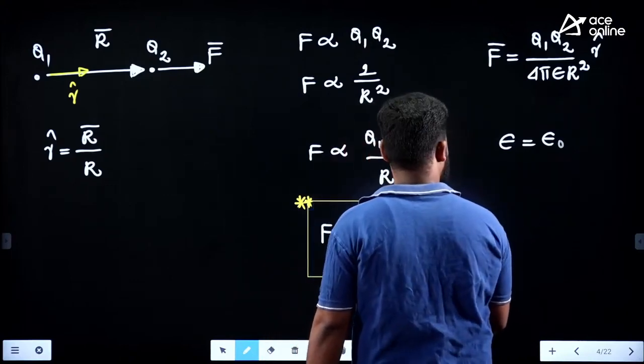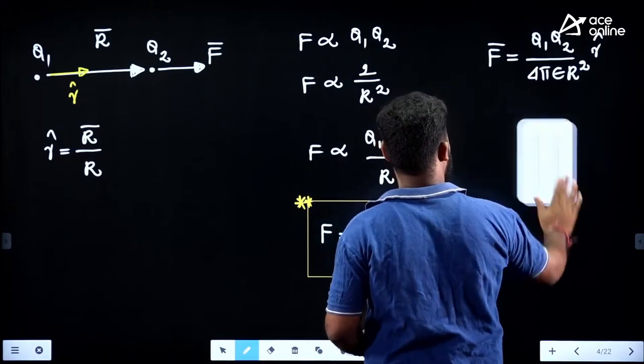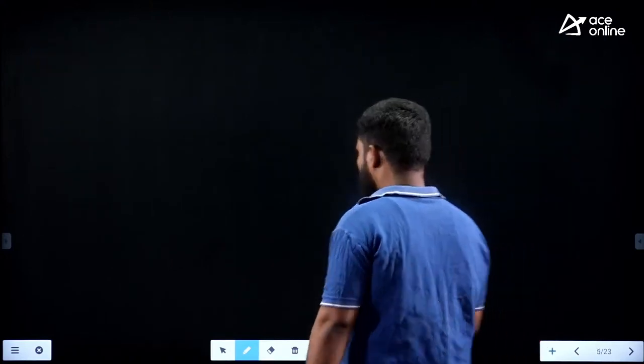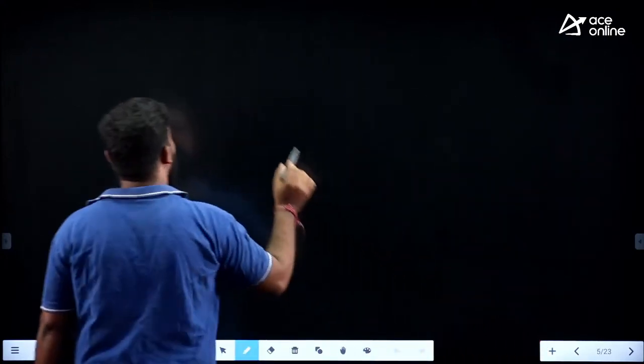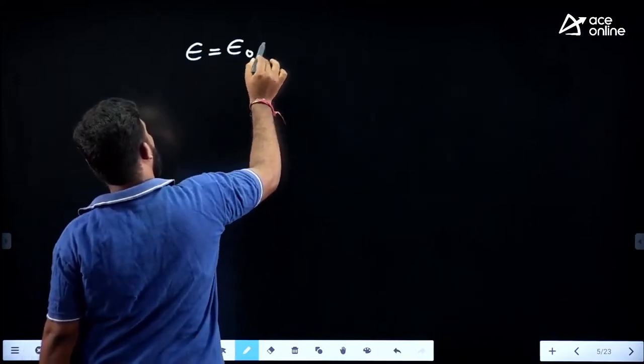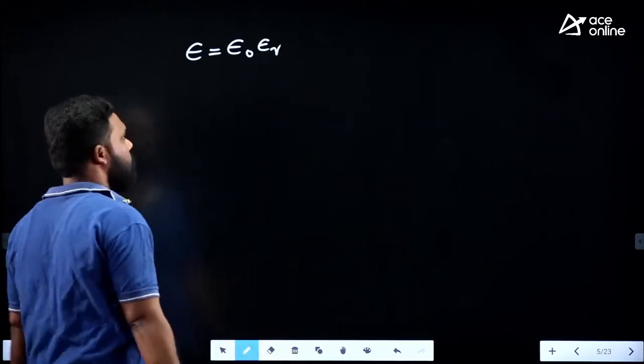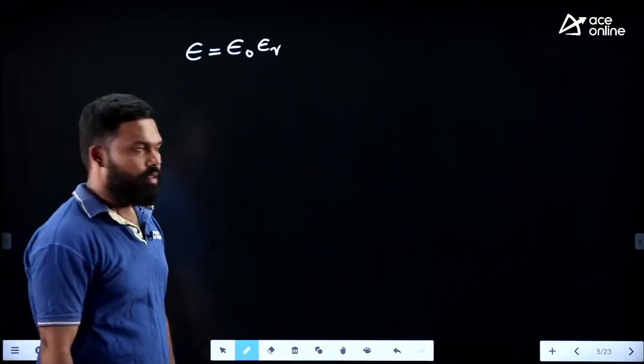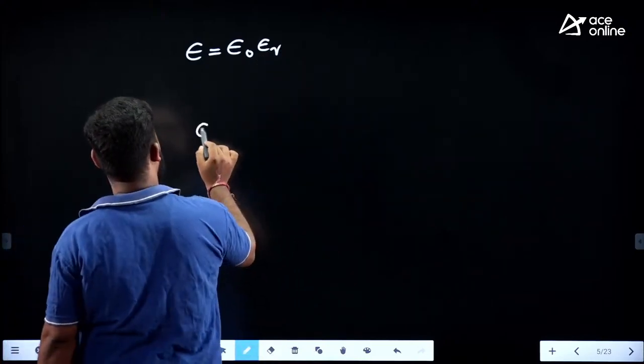Let me turn the page here. So what is this epsilon? It is a medium parameter. Epsilon is equal to epsilon naught epsilon r. This is called permittivity. What is this epsilon naught?